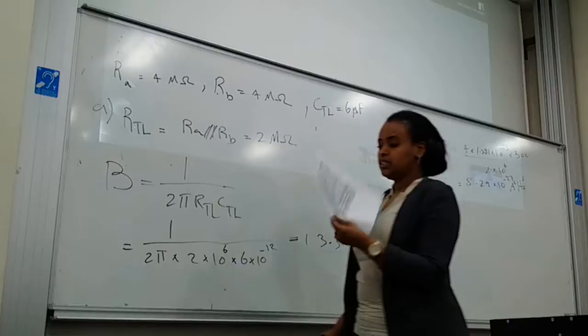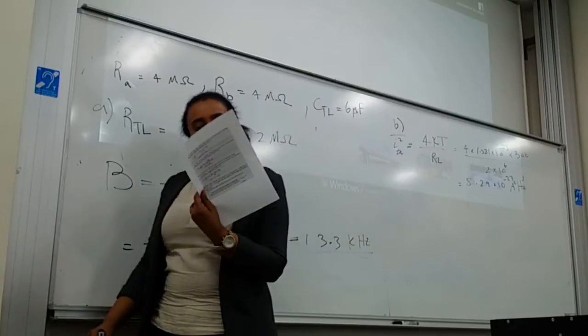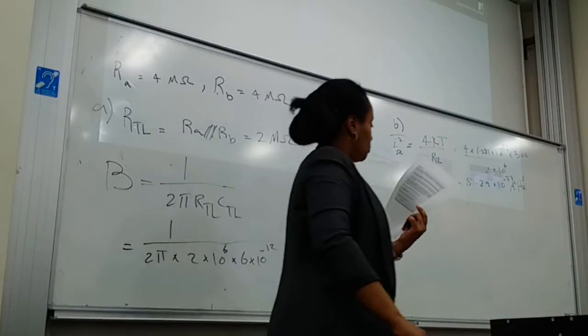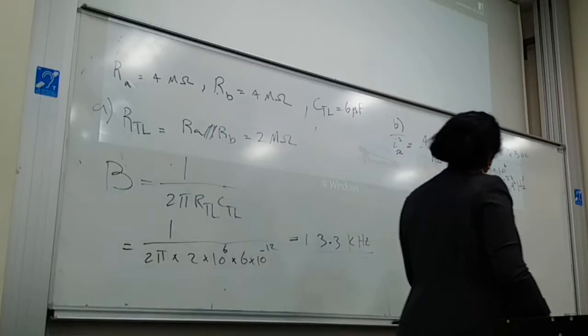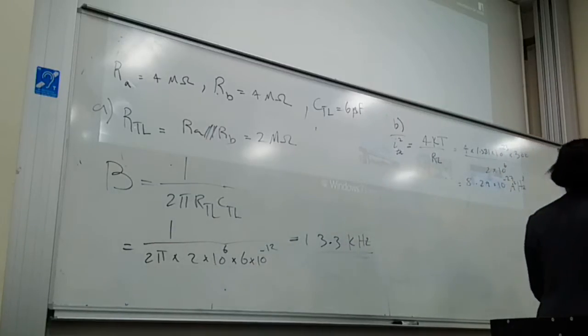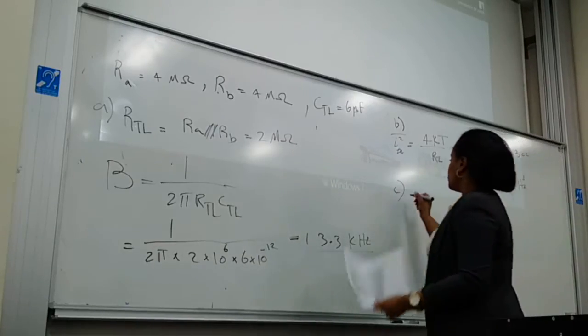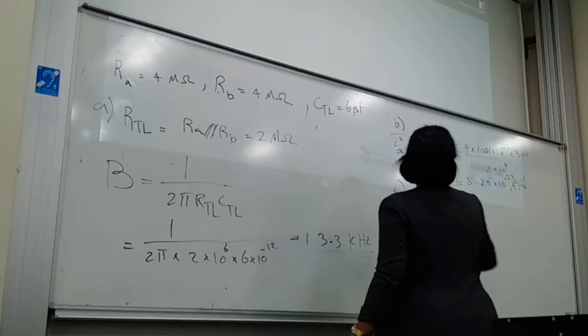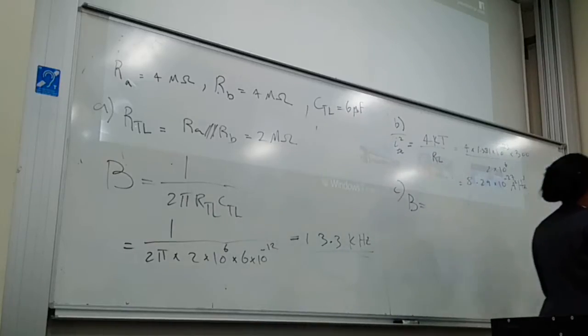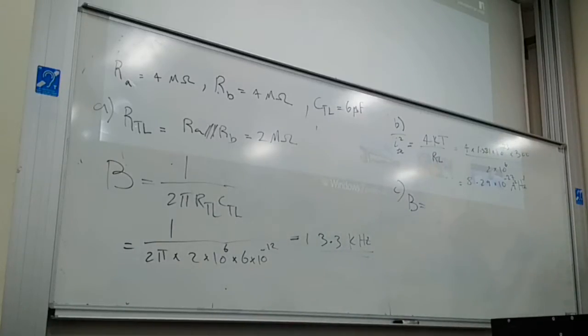Okay, in C, they want us to compare the values you obtained in A and B with those that we can obtain from a high input impedance amplifier. So, okay, first, what will be the bandwidth of the transimpedance? The long derivation we had last time.